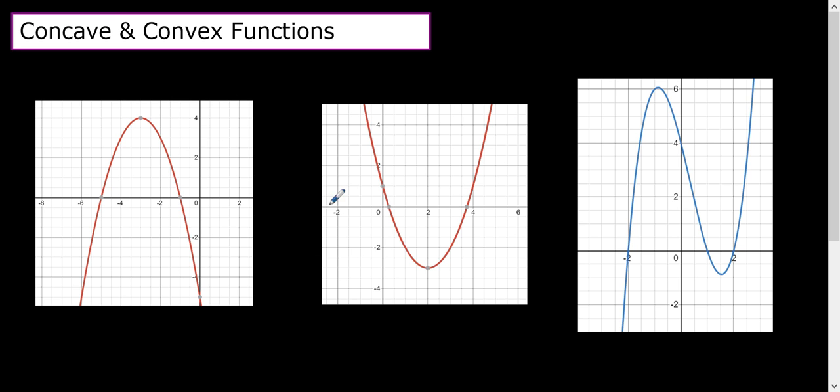And we're going to look at these in turn, and what we're going to do is analyze the gradients. So over on this left function here, you can see that to the left of this maximum point, if we were to find the gradient of any tangent to the left of this point, the gradient would be positive.